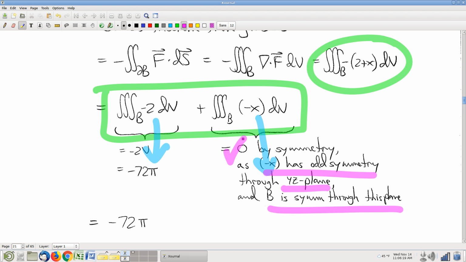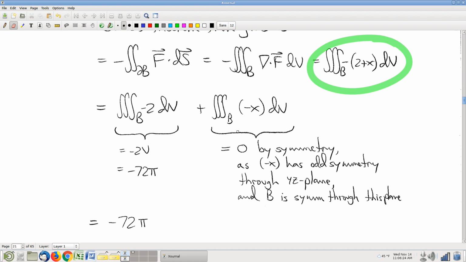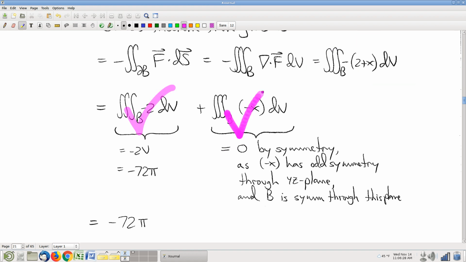Okay, all right. So the point is, this is easy, that's easy, and so the divergence theorem really helped us out. We turned what would have been a really hard problem into a not that bad, worked out pretty well problem. Everybody on board?